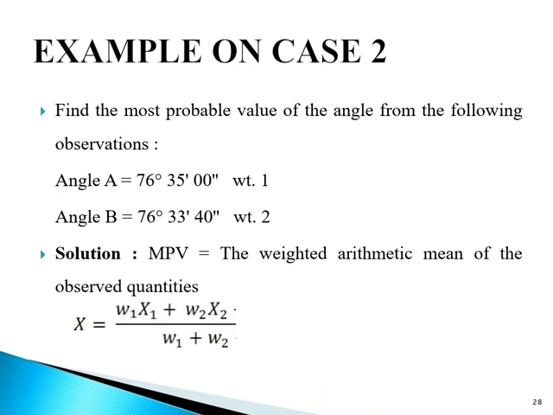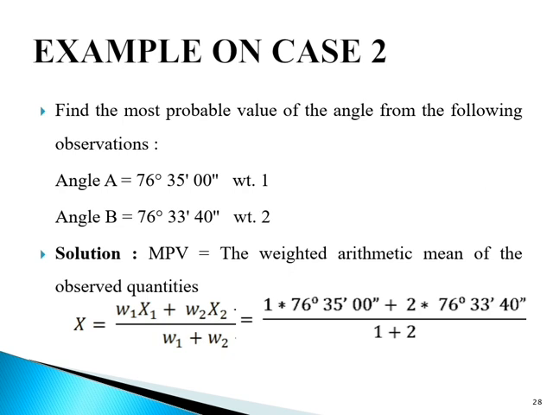So our equation will be x = (w1x1 + w2x2) / (w1 + w2). So (1 × 76°35'0" + 2 × 76°33'40") / (1 + 2). Our answer will be 76 degrees 33 minutes 6.67 seconds.